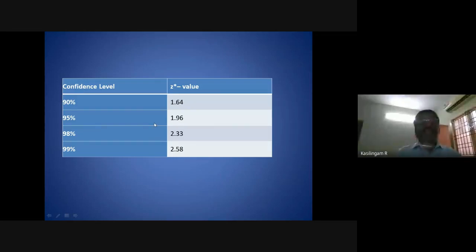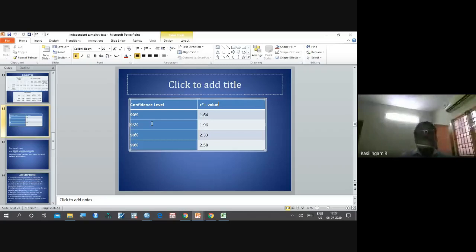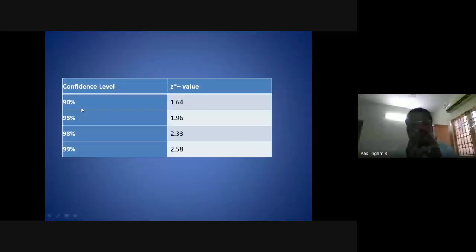The 90% confidence level has a significance value of 0.1. At 95%, it is 0.05. At 98%, it is 0.02.